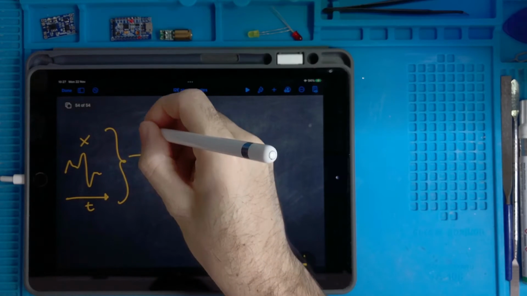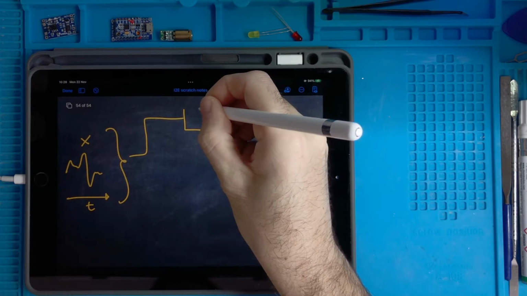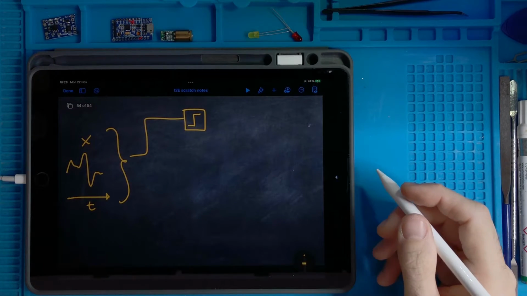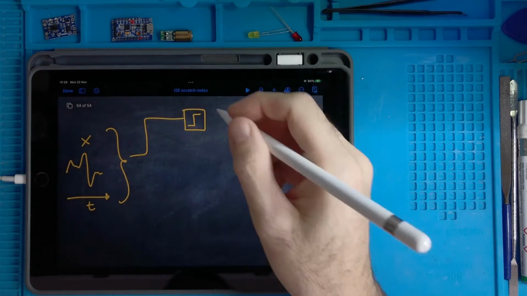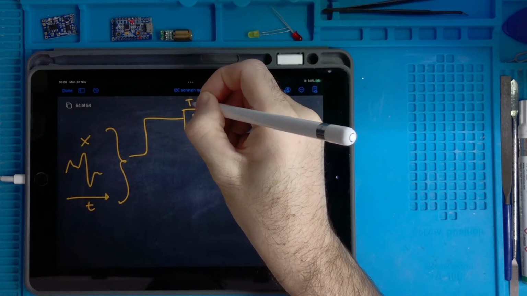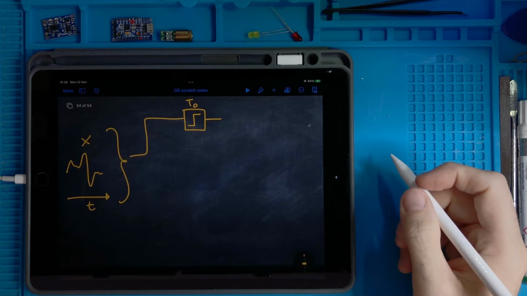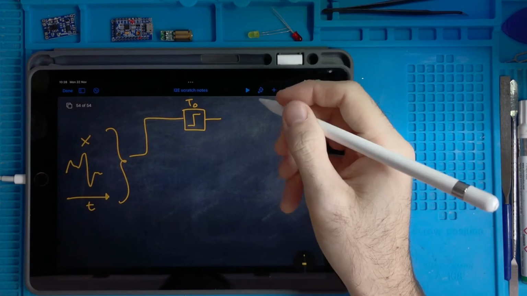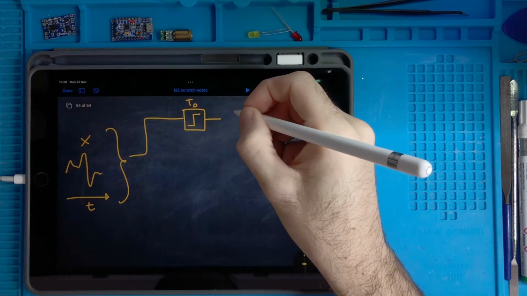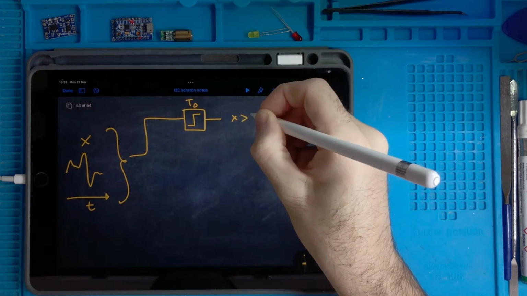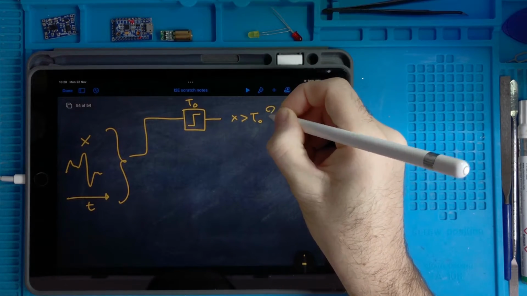You put this thing into a comparator. I put this symbol for the comparator, and let's say you have a certain threshold t0, then this will give you an answer which is this. Is x bigger than t0?